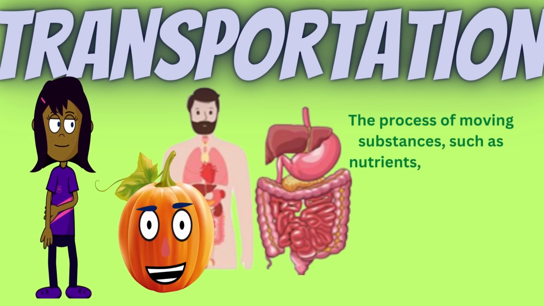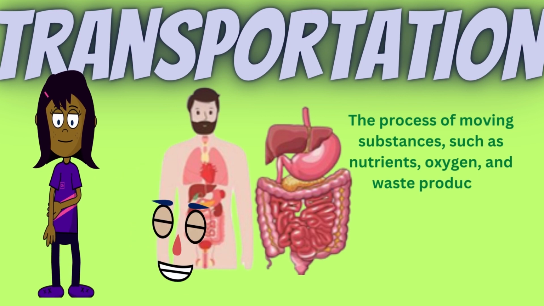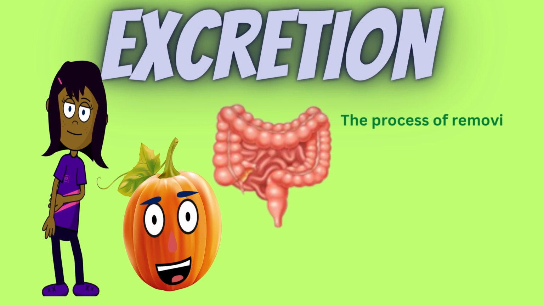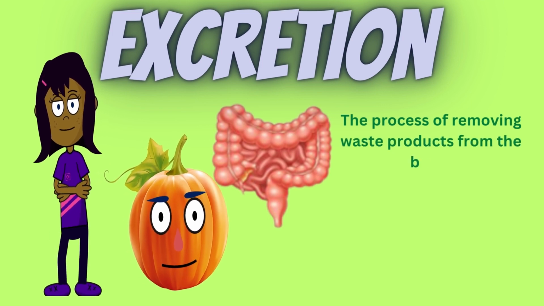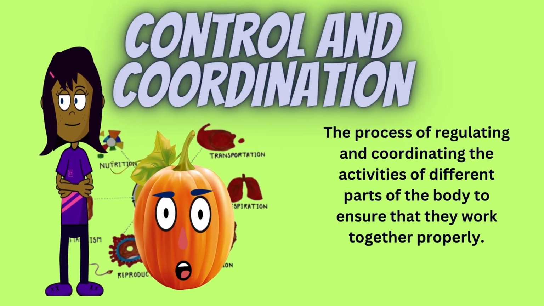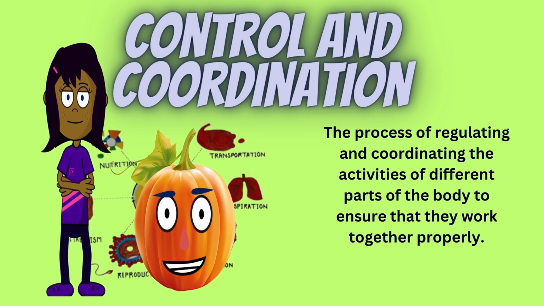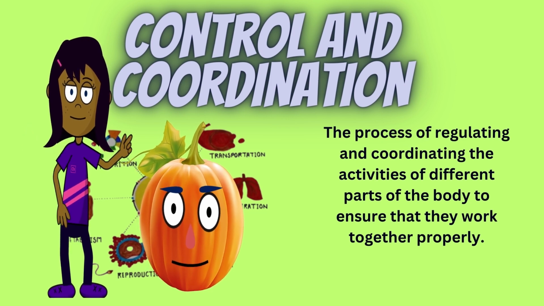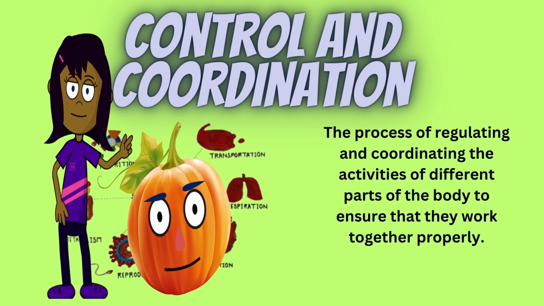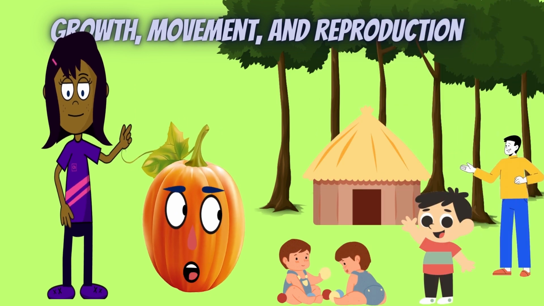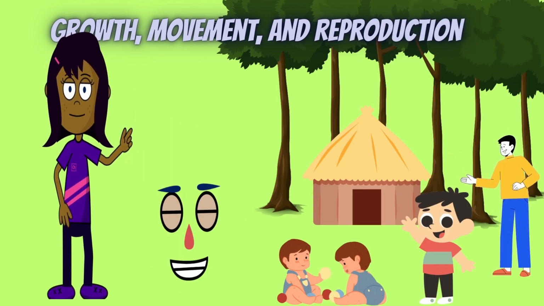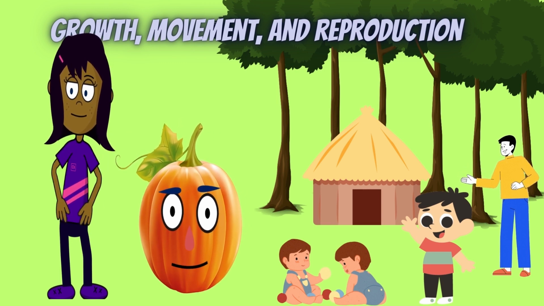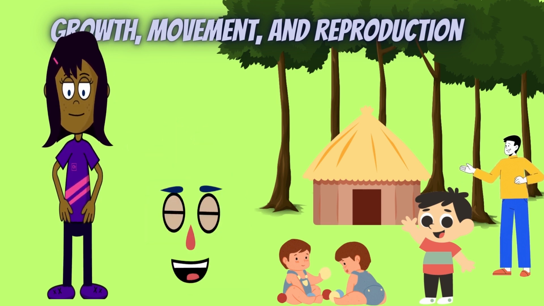substances, such as nutrients, oxygen, and waste products, throughout the body; excretion, the process of removing waste products from the body; control and coordination, the process of regulating and coordinating the activities of different parts of the body to ensure that they work together properly; growth, movement, and reproduction, the processes that allow living organisms to grow, move, and produce offspring.